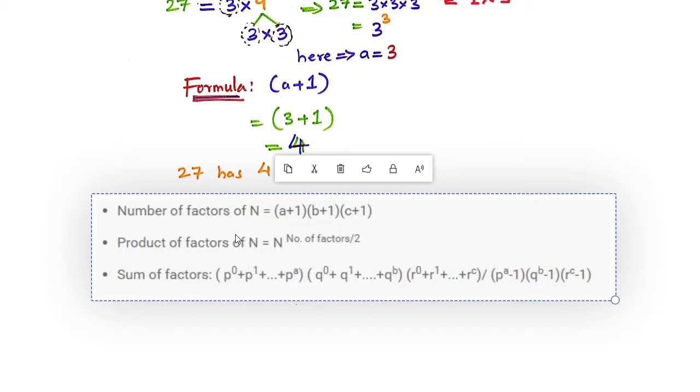Now one thing that I want to add up that you can find a number of even factors or number of odd factors by using the same formula that is we have here: a plus 1 into b plus 1 or c plus 1. You just have to exclude even numbers, even prime numbers.